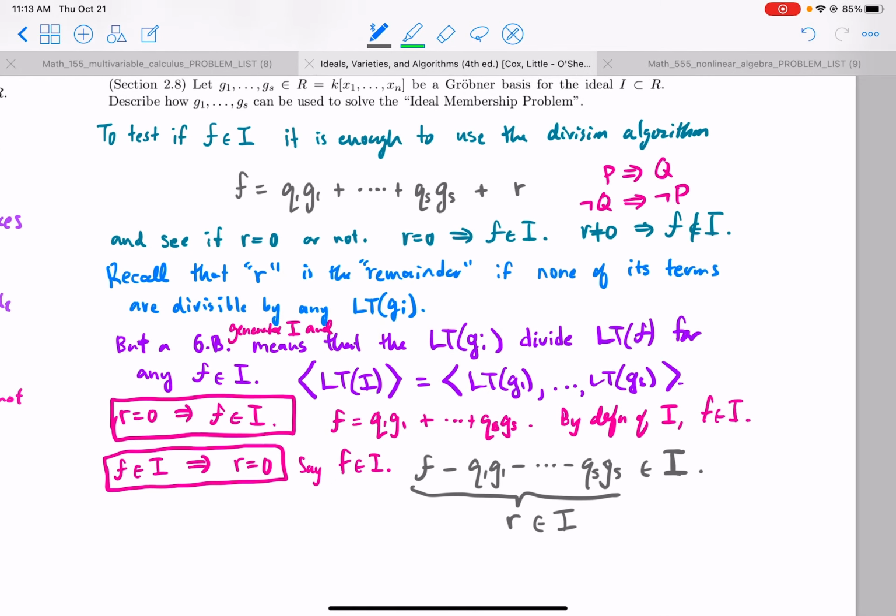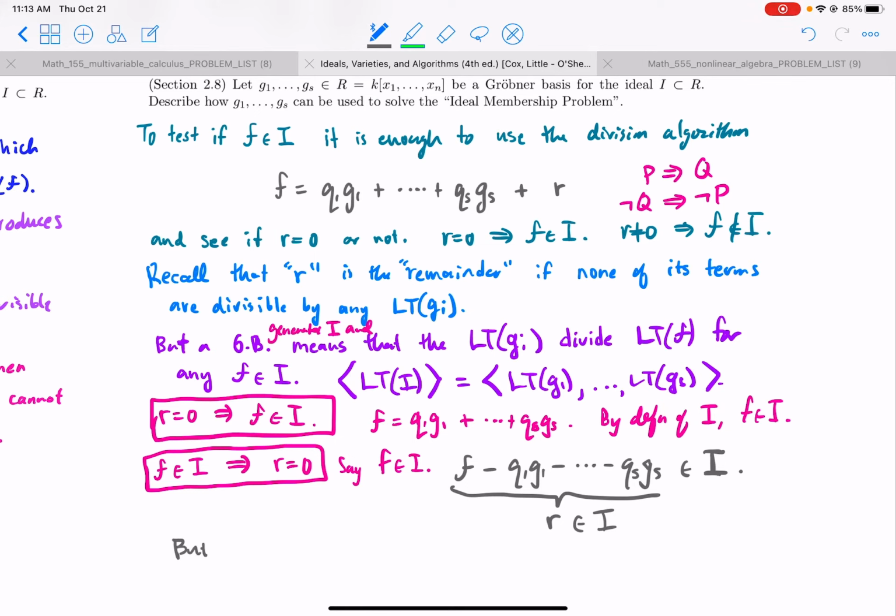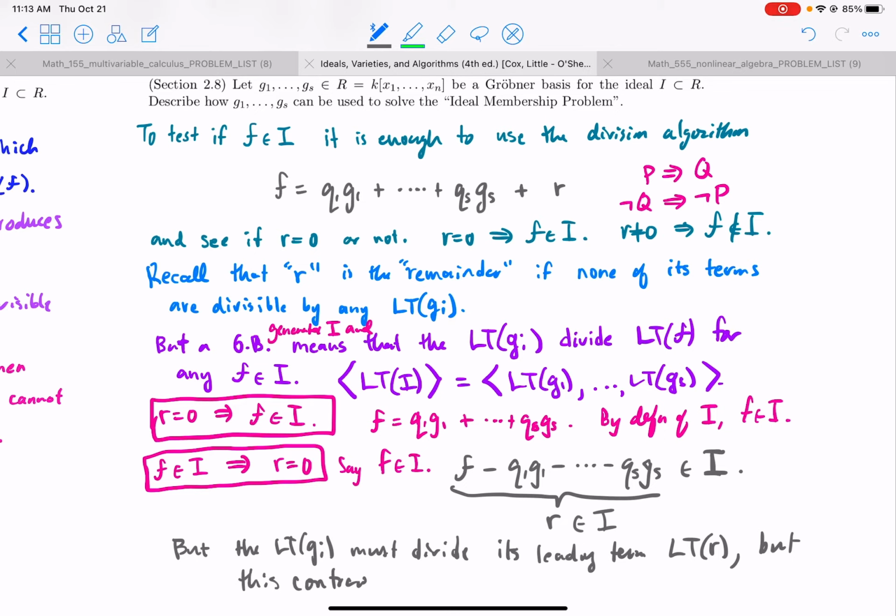Okay, but then the LT of Gi must divide its leading term, in other words, LT of R. But this contradicts the division algorithm.